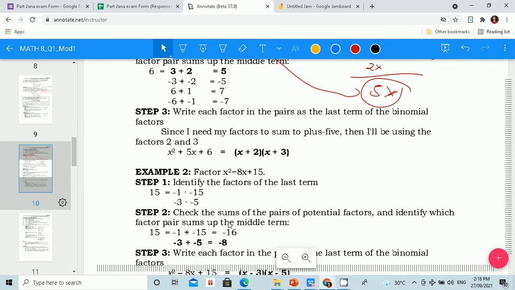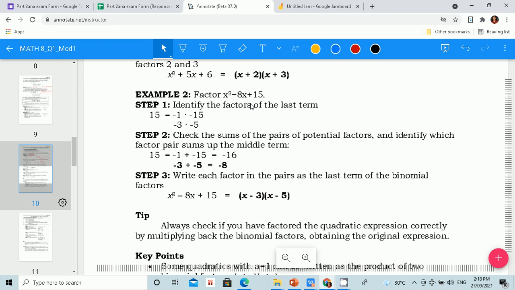Then what about x squared minus 8x plus 15? So again, class, we will do x, x. And then we have 8x plus 15. Okay, so what's the factor of 15? It's 5 and 3. Now it's negative.